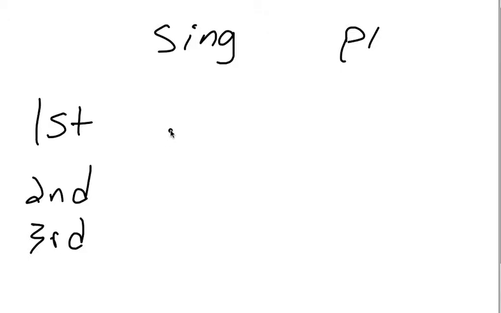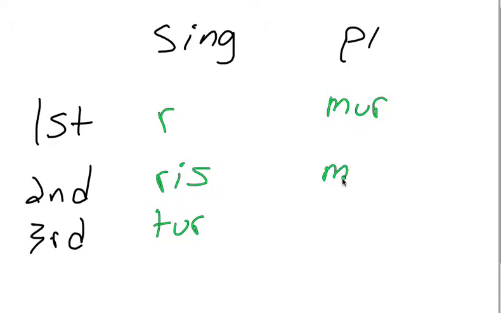Those are active endings. Passive voice has its own set of endings, and those endings are r, ris, tur, mur, mini, ntur.